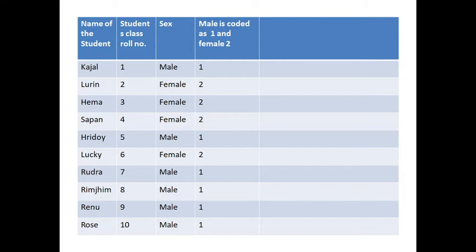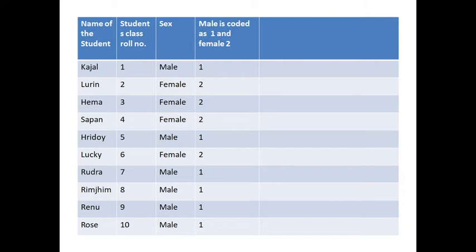Then see, in the third column, the gender is given. It is male, female, female, male. So this is presented in the table. And if the researcher wants, then he or she can code this gender category also. So say male is 1, then female is 2.